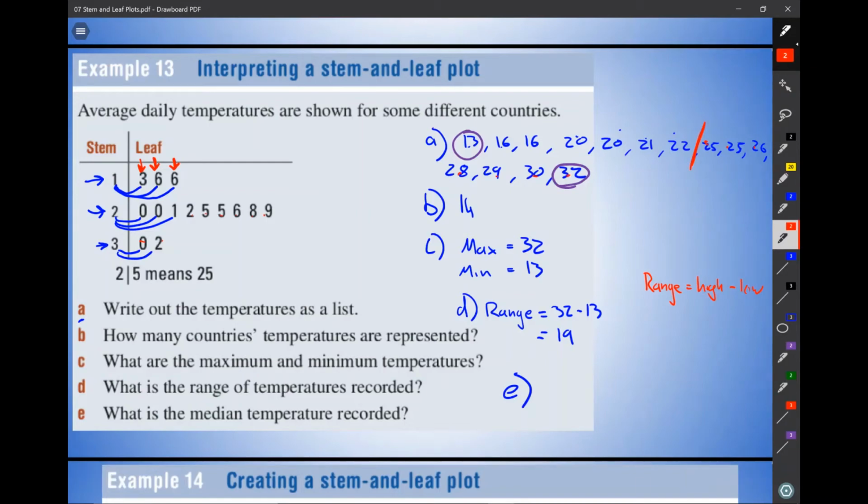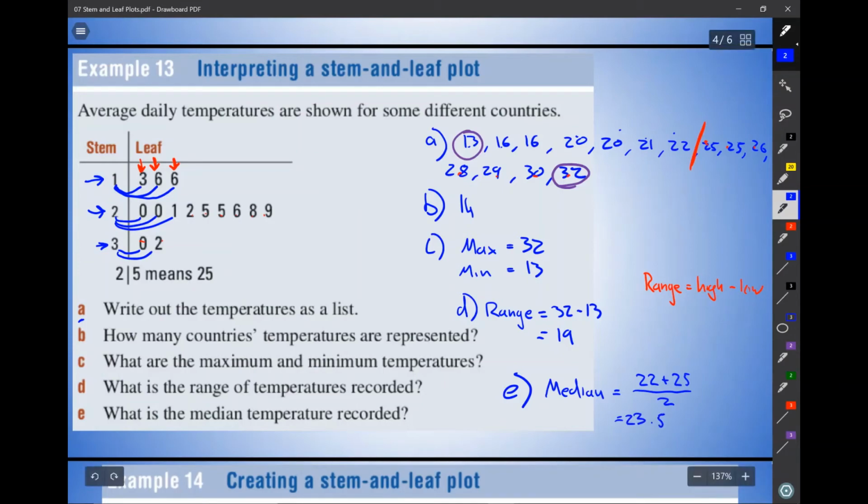So remember, how do we find the median when the median is in between two numbers? We take the average of the two numbers. And we do that by adding them together and dividing by how many scores we have. So here the average is going to be 23.5.